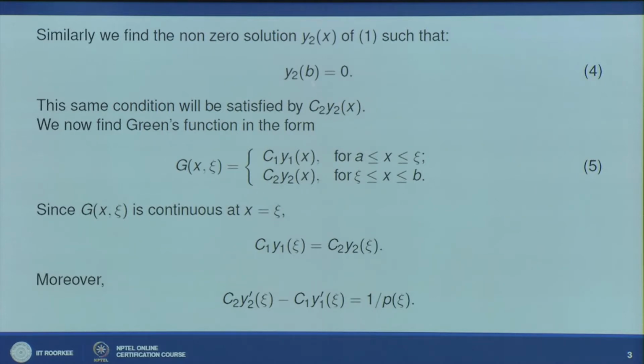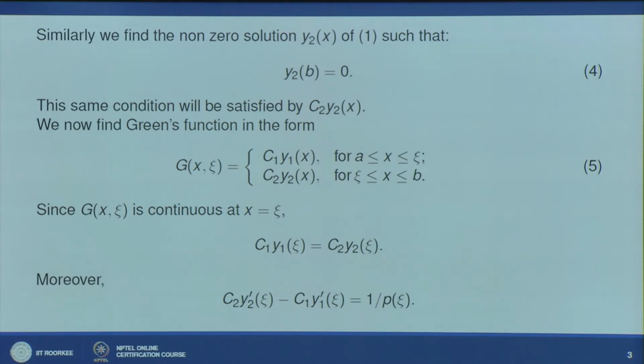With the help of these y1 and y2, let us consider a Green's function of this form: G(x, xi) equals c1 y1(x) when x lies between a and xi, and c2 y2(x) when x lies between xi and b.